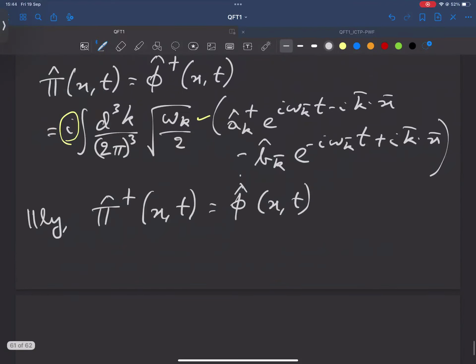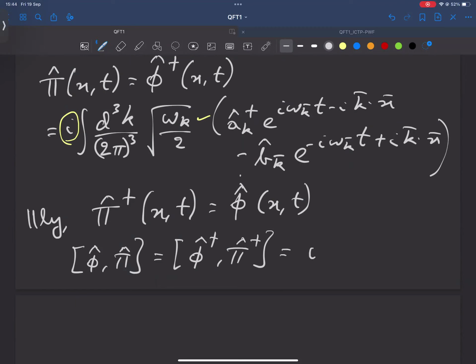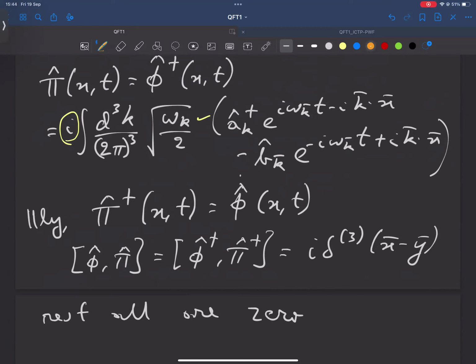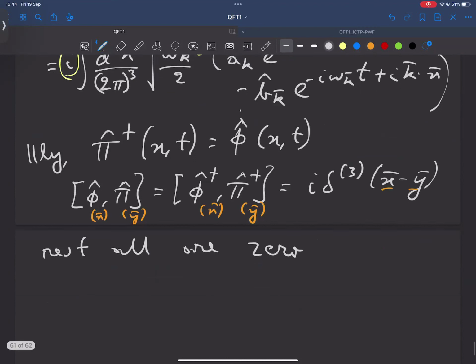So now we will impose the commutation relations that phi hat, pi hat, pi hat dagger satisfy this non-trivial commutation relation, and the rest are all 0. The x and y are here in the space part, and as I said, I am suppressing them for notational simplicity. Now let's see what happens when we impose these relations.